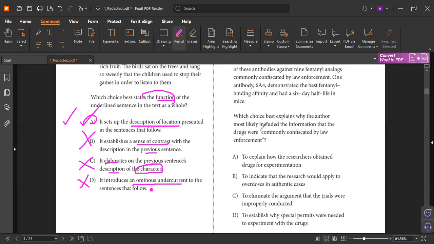Now try again. Here, why did the author include this? Number 7. Okay.